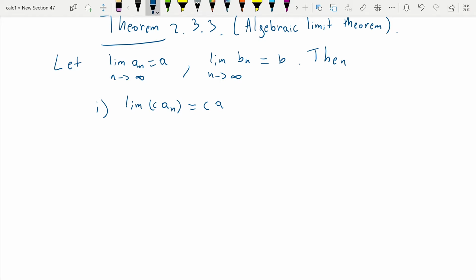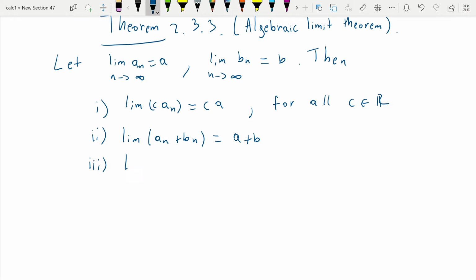And this is true for all c in R. Second property is that the limit of the sum is the sum of the limits, so a plus b.